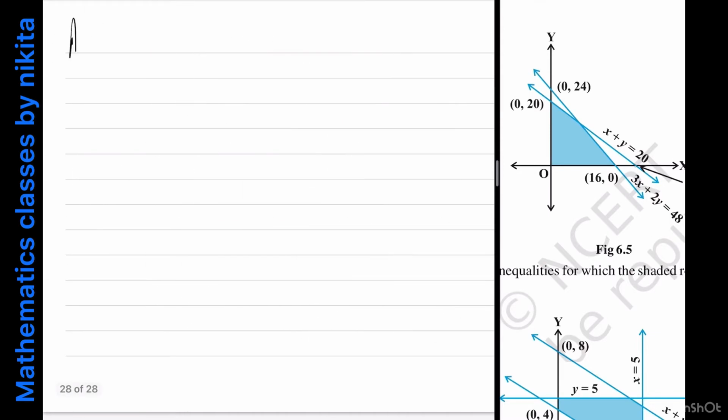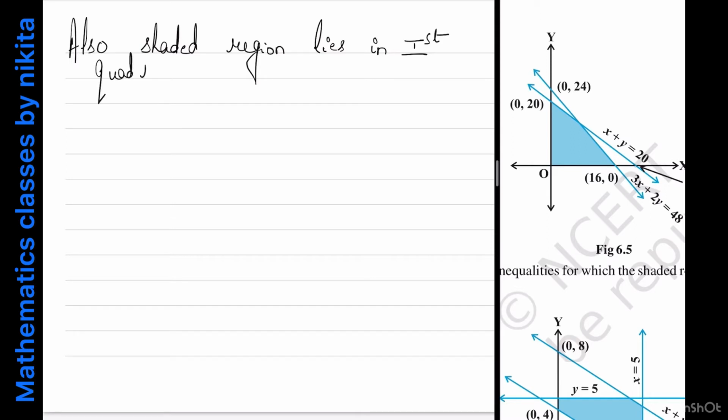The shaded region lies in the first quadrant. This implies that the shaded region satisfies x greater or equal to 0 and y greater or equal to 0.